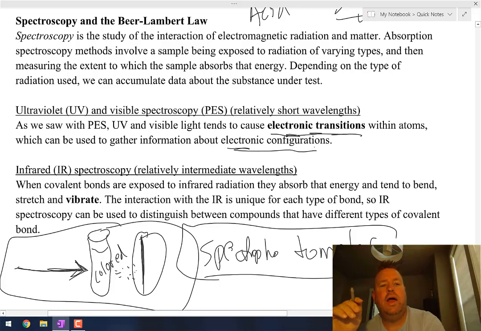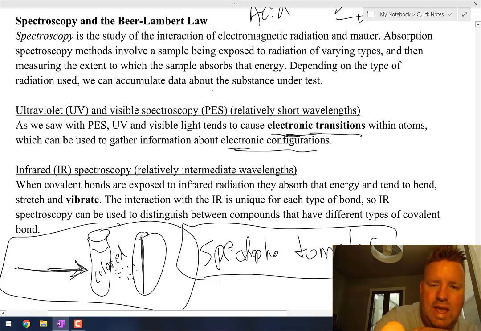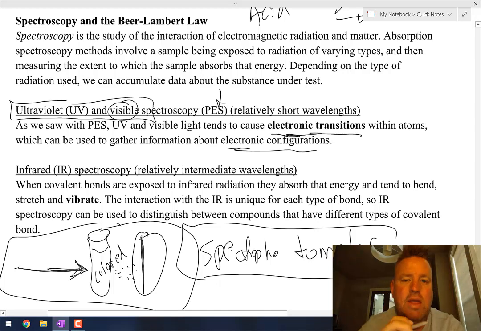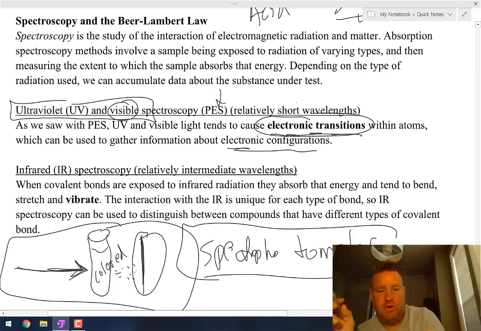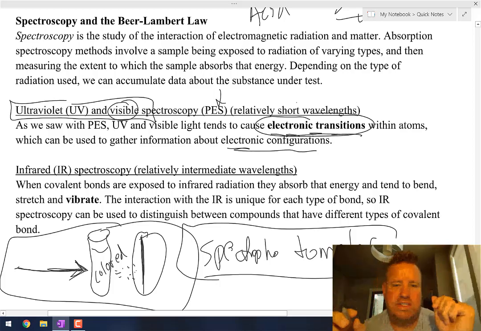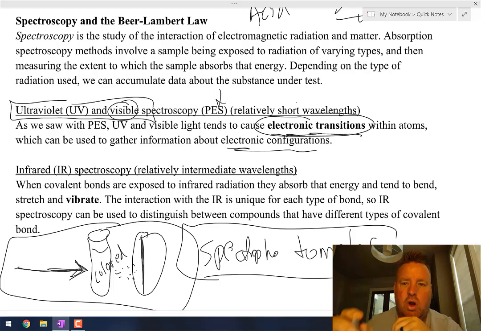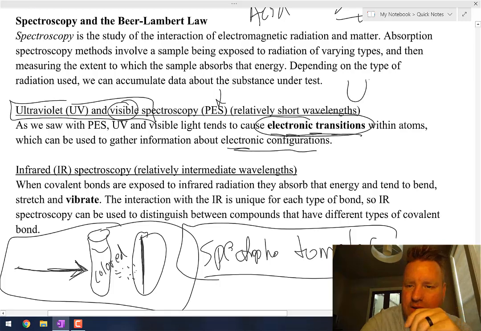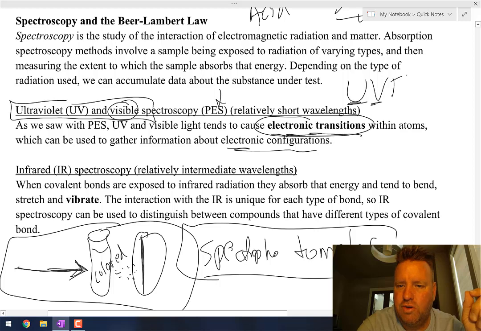PES is a type of what's called visible spectroscopy or even ultraviolet spectroscopy, and it tells you about electronic transitions, which is, again, the first shell, second shell, third shell, etc. So ultraviolet, the letter U, and visible, so you can think of this as ultraviolet or visible produces electronic transitions.